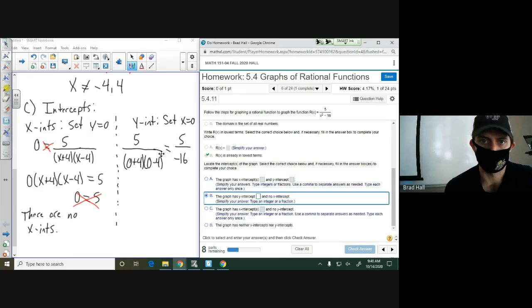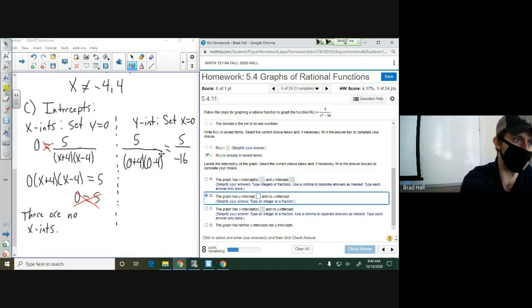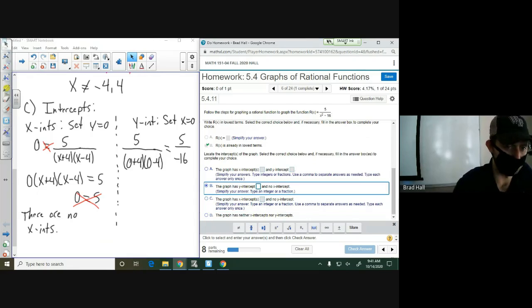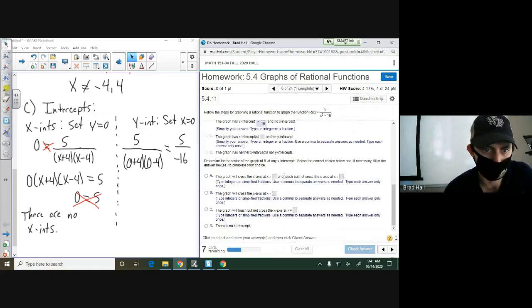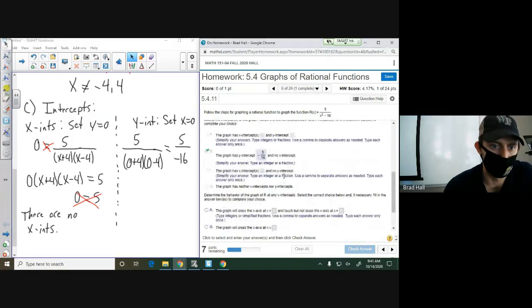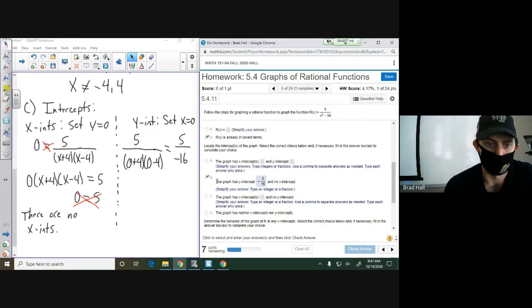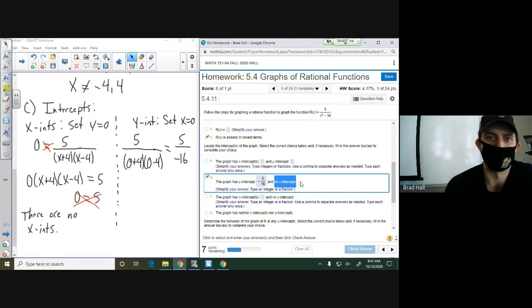And so that's the y-intercept. They want the y-intercept as a simplified fraction, so we will express the y-intercept as negative 5 over 16. So I choose answer choice B because it has a y-intercept blank and it excludes the existence of an x-intercept.